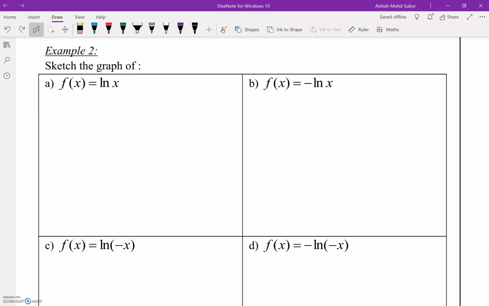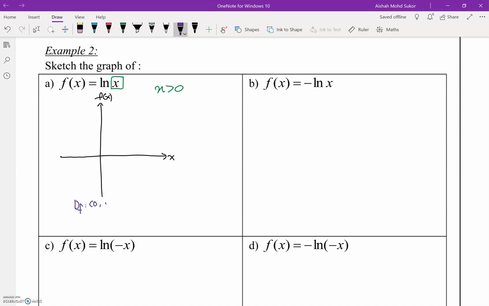Okay, now we try to look at example 2, sketch the graph of ln x. So to sketch the graph, first we need to have the x-axis and y-axis or f(x). f(x) exists when x is greater than 0. So from here, we get our domain.